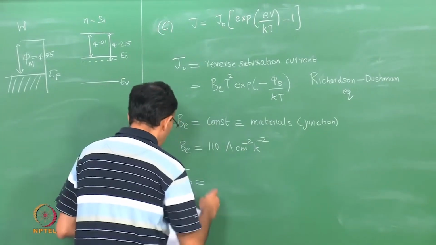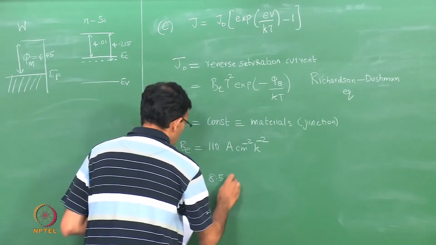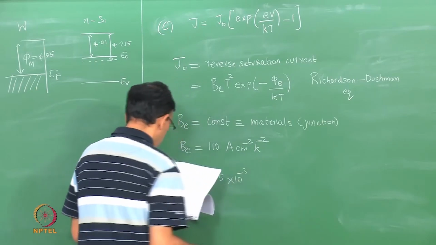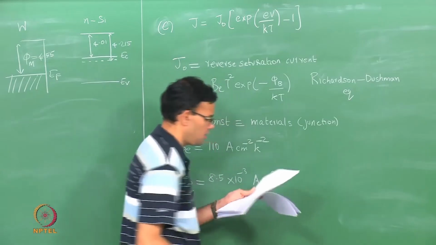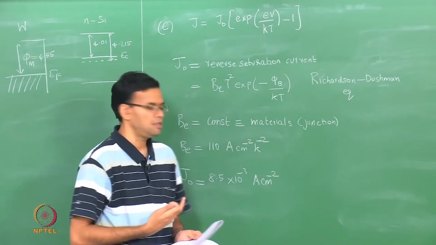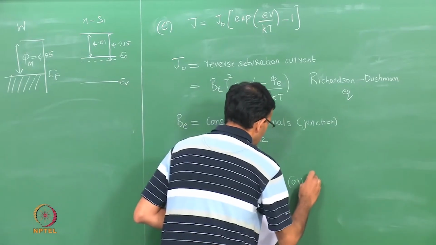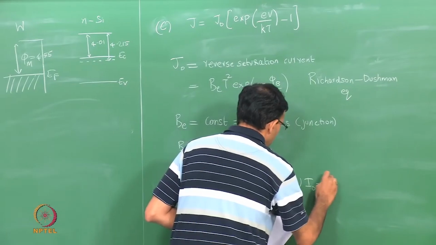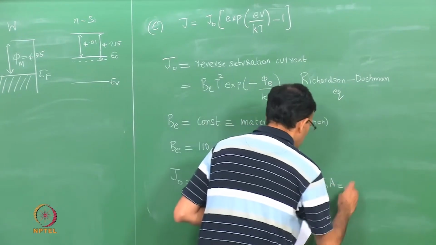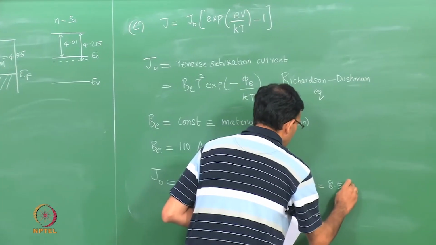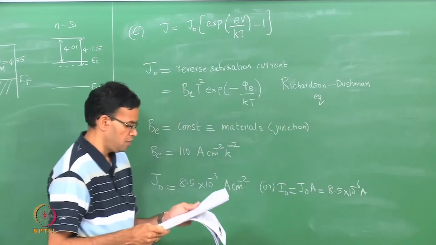So, from here J naught is essentially 8.5 times 10 to the minus 3 ampere per centimeter square. If you want to calculate the current, you multiply this with the area. So, current I is J naught times A, which is 8.5 times 10 to the minus 6 amperes or 8.5 microamperes.